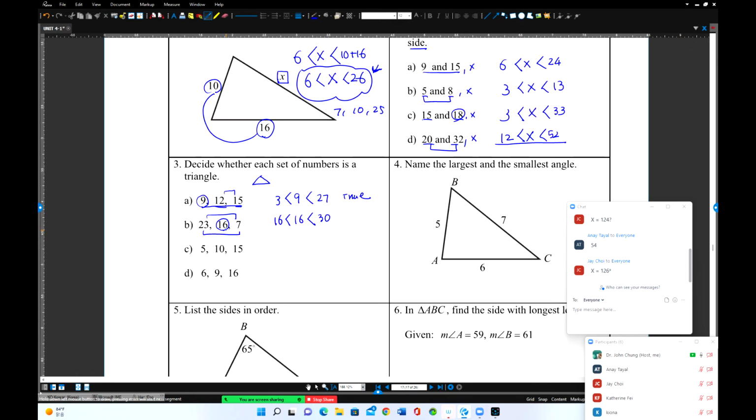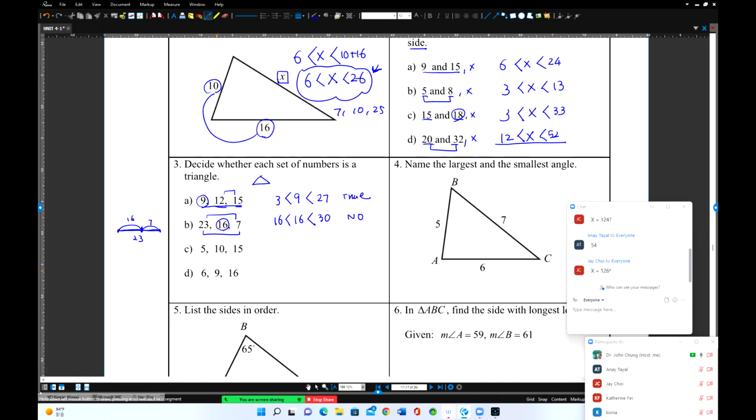We can't make a triangle, because this side is 23, the other side is 16, the other side 7. Equal. This is flat, it's not a triangle. A straight line is there. This is no.